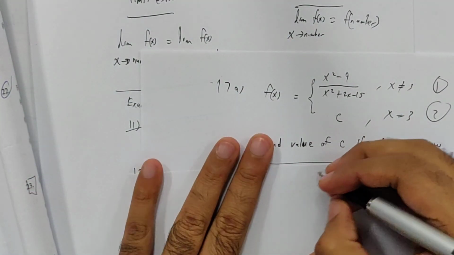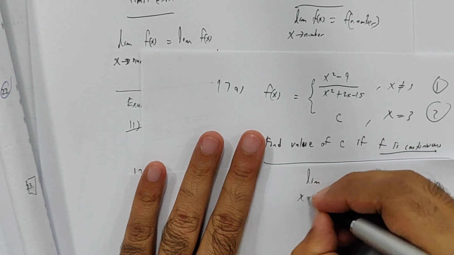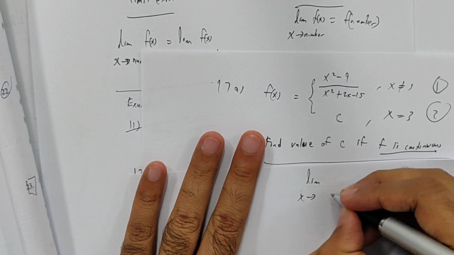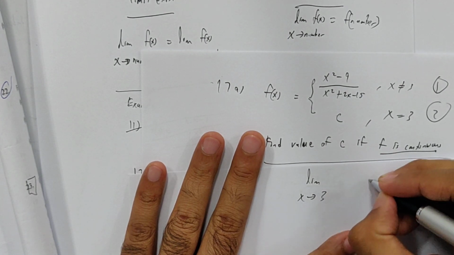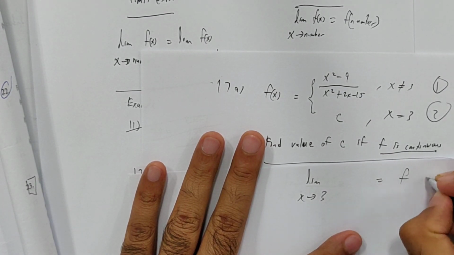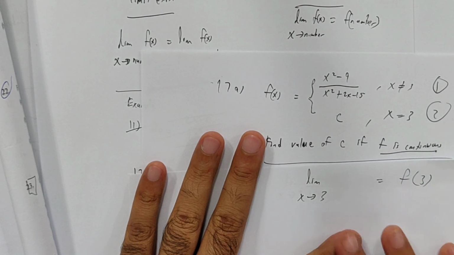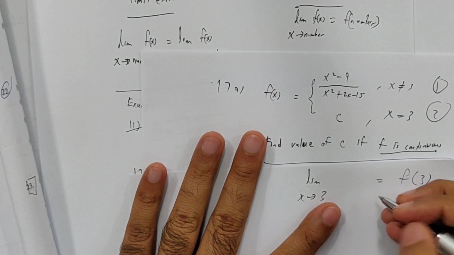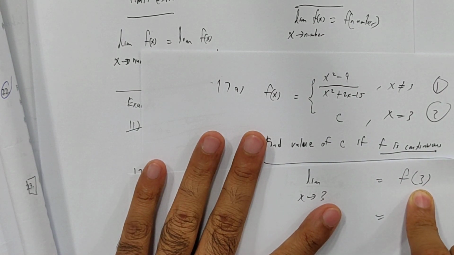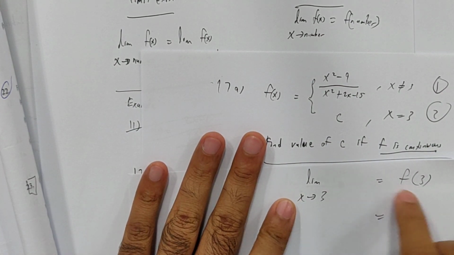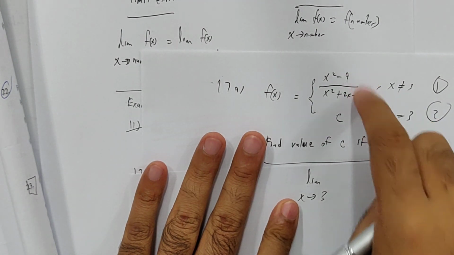So the formula is just simply limit x approaching number. In this case, what's your number? 3. And another one is, of course, f(3). You okay until here? I'm asking her, not you. So f(3) is which one? First or second?